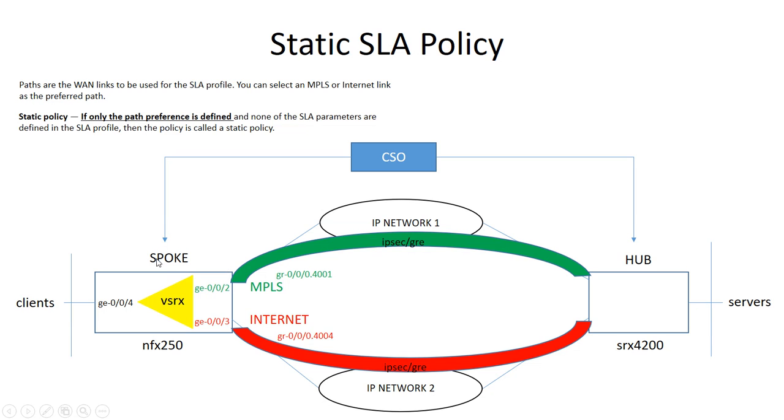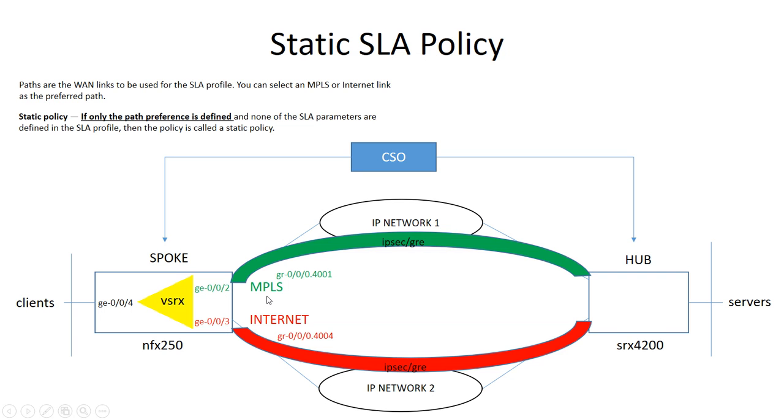So we have a spoke device, which is NFX250, a hub device, which is SRX4200. CSO has already provisioned or spawned a VM, which is VSRX, and established tunnels between the spoke and the hub device. The spoke device currently has two WAN links that we are going to call 002 and 003.